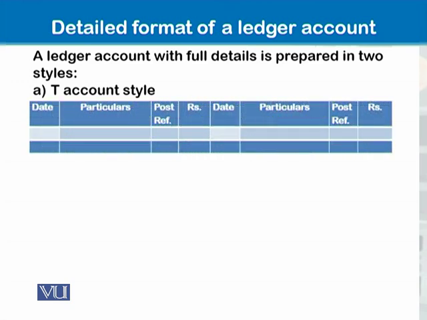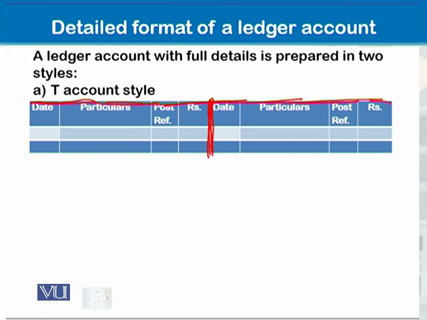One is the T account style, where this line divides debit and credit, or if you just put a line over here, it becomes a T. So this is the format of a ledger account in T account style.